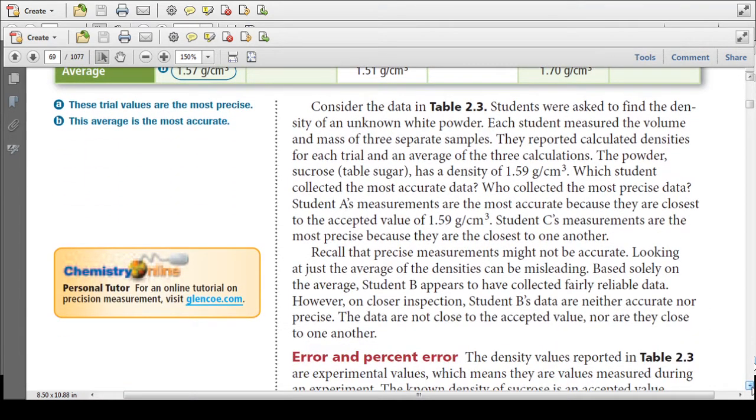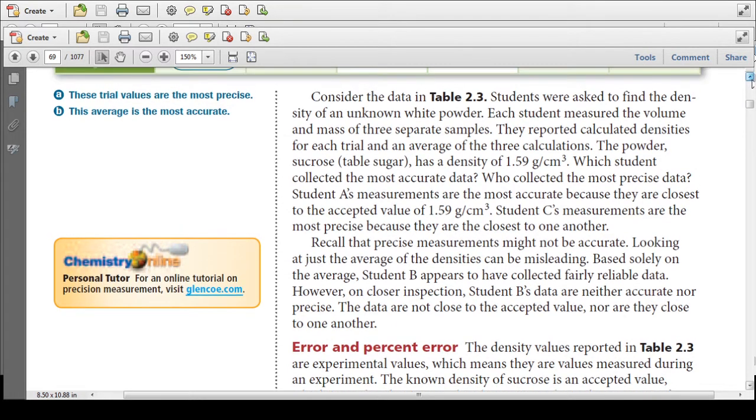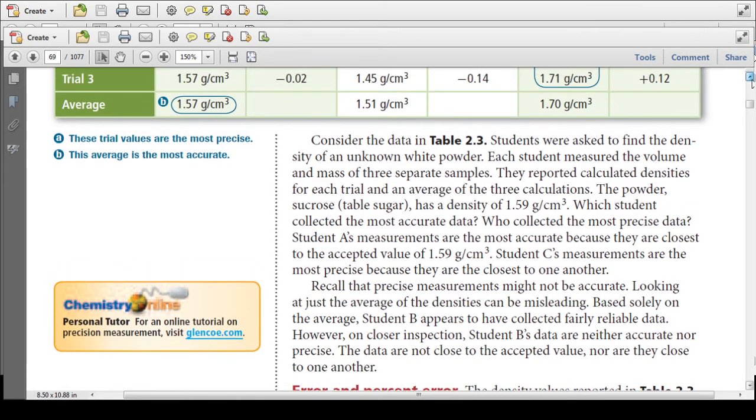Recall that precise measurements might not be accurate. Looking at just the average of the densities can be misleading. Based solely on the average, student B appears to have collected fairly reliable data. However, on close inspection, student B's data are neither accurate nor precise.